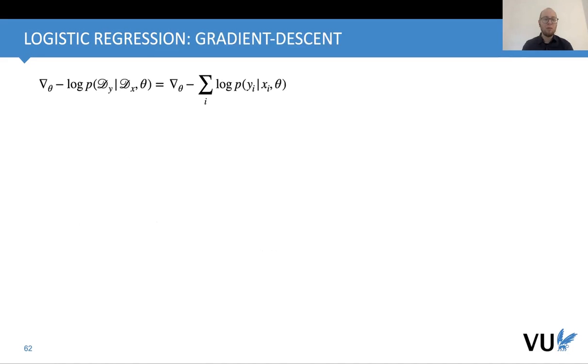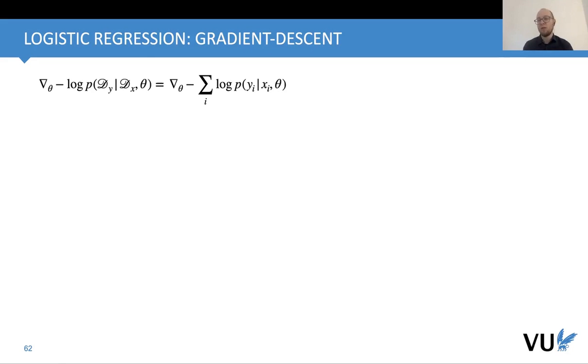Before that, of course, we should think of a learning algorithm. Because the sigmoid function is nonlinear, we will use gradient descent, and for that we need to calculate the gradient, a vector of first-order derivatives of the negative log likelihood.